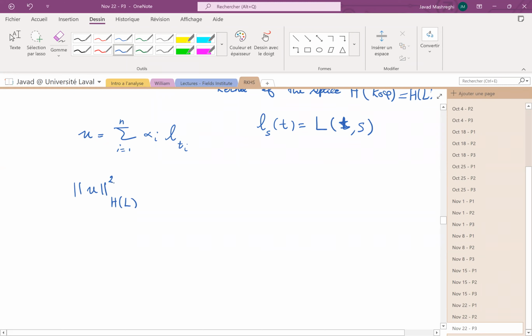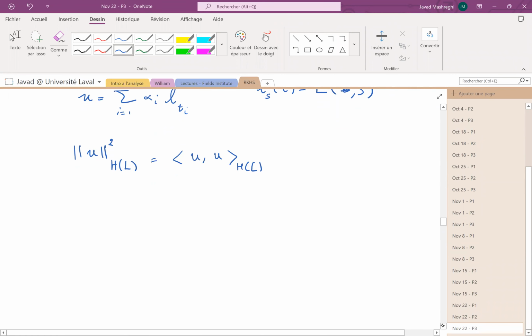Because when we do the norm squared of U in the space H of L, it is the sum, I from 1 to n, alpha I l at Ti, with the sum of alpha J l at Tj.